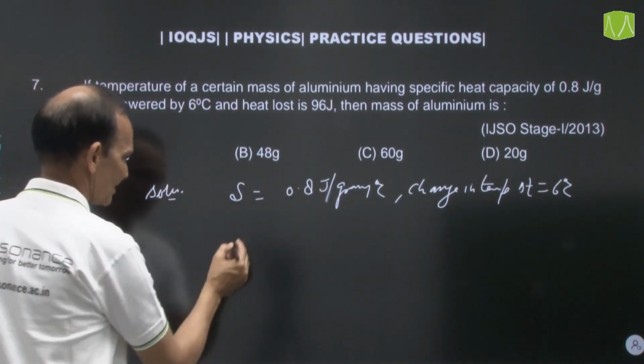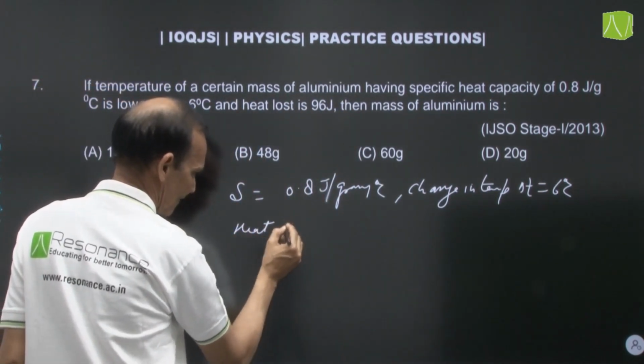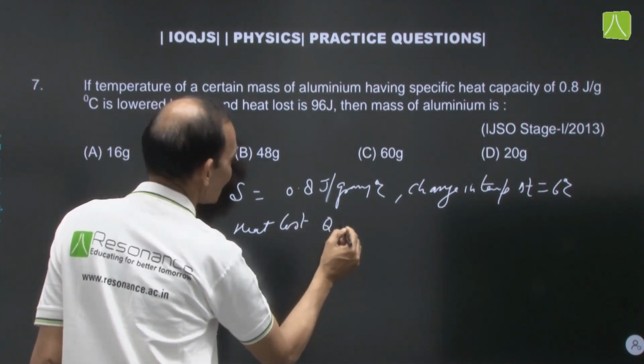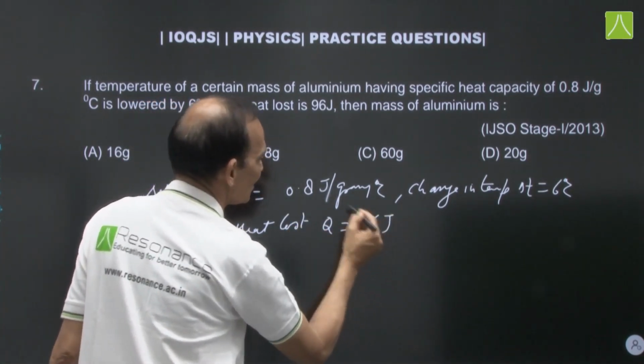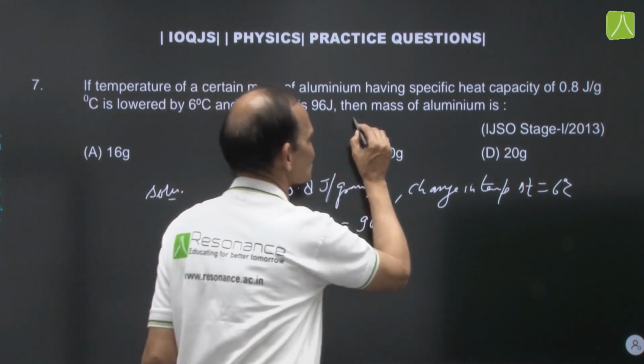Heat lost, that is Q, is equal to 96 joule. What do we have to find? Find the mass of the aluminium.